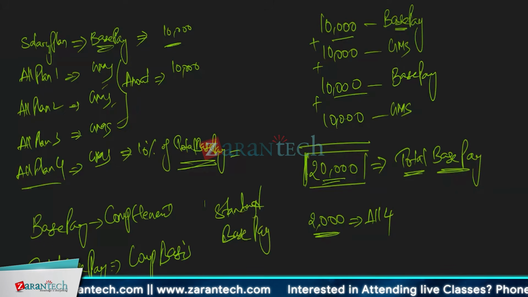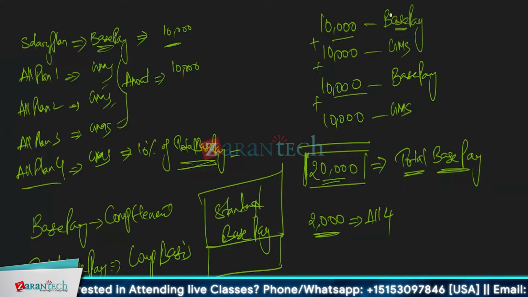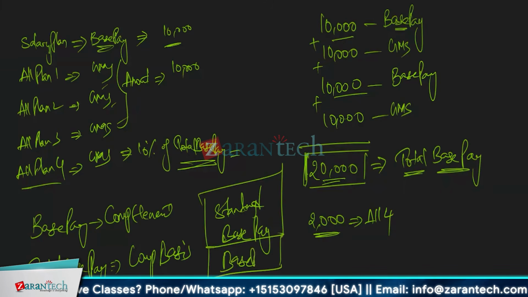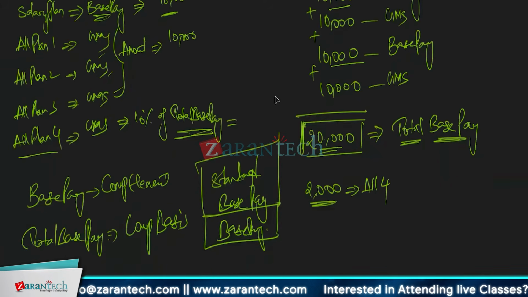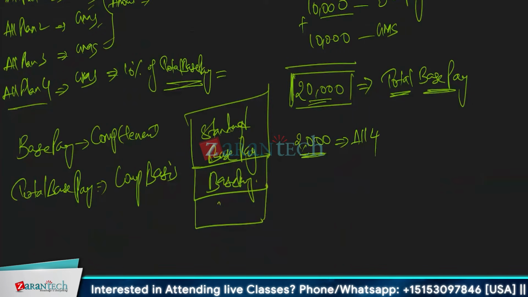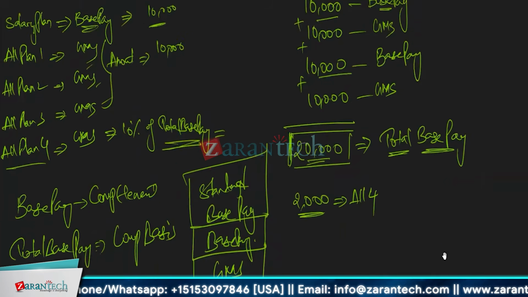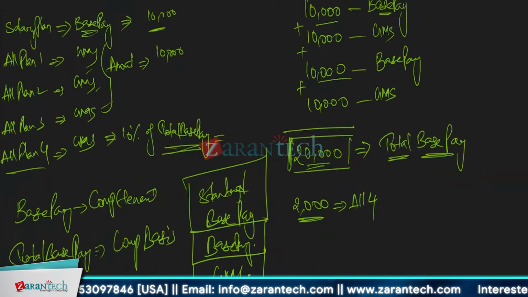This is the comp element group. Within this, currently you have base pay configured as one of the comp elements in this group. Now, what I will do is I'll just go into this particular group and also add GMS as a part of standard base pay.